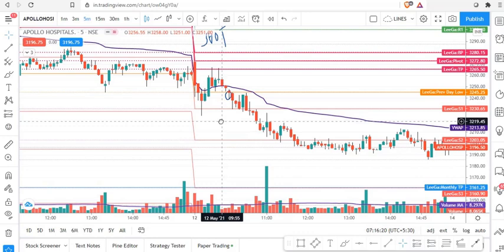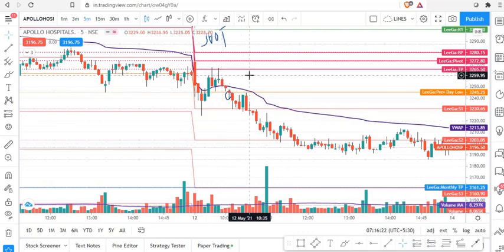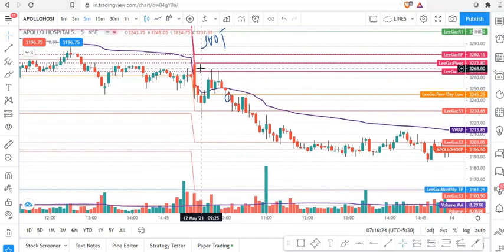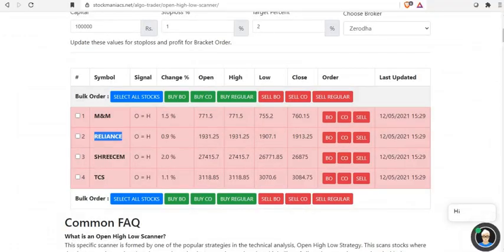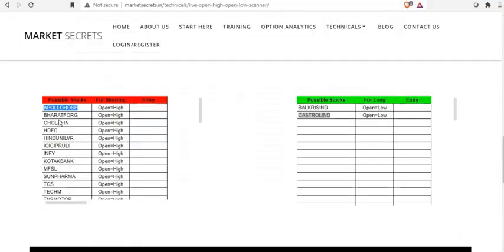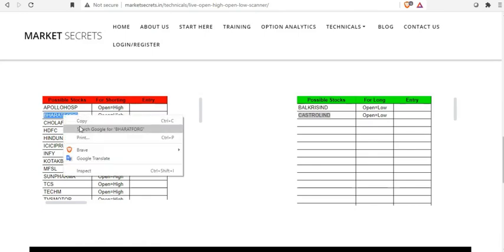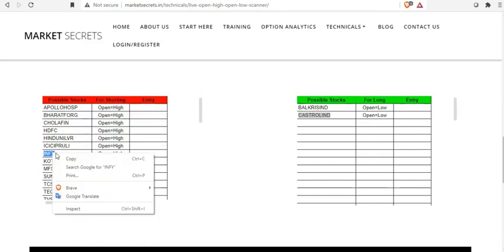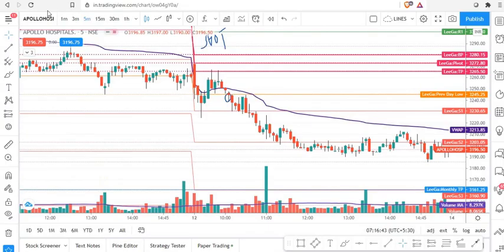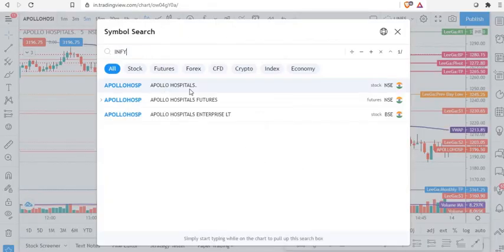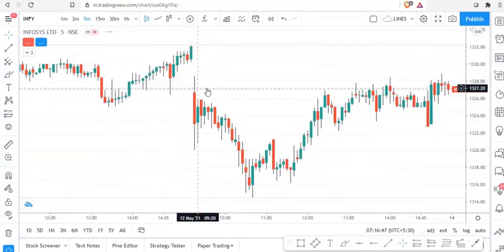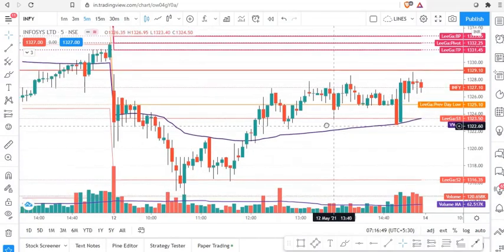Okay. So what are the conditions for short? For short entry only below the CPR and the Vwap. You can check once more. One more stock, Bharat Forge. We can take Infi, no problem. First we confirm whether its open is high.